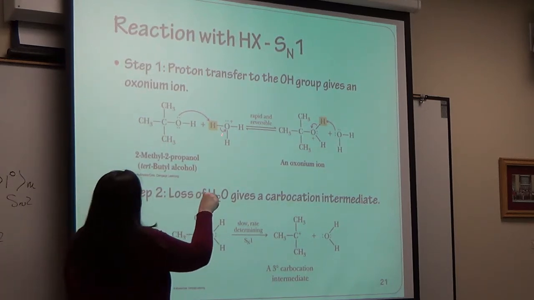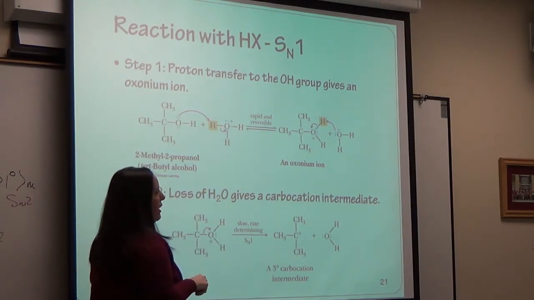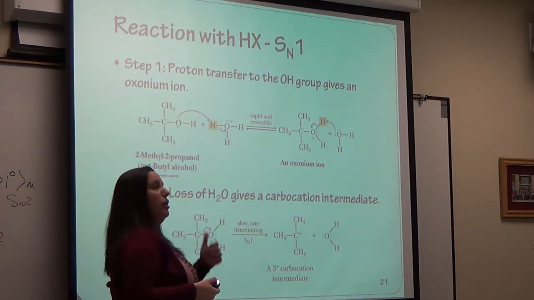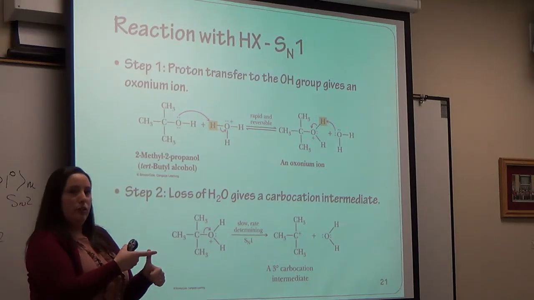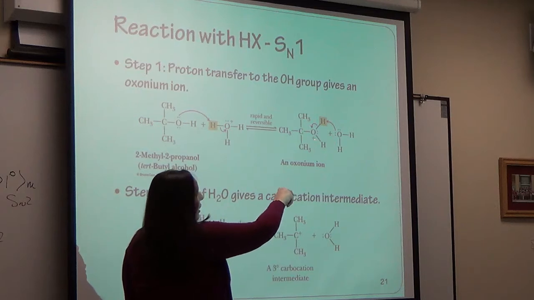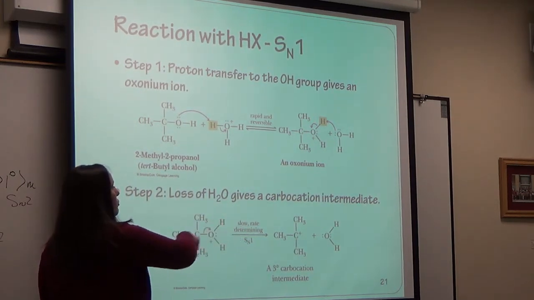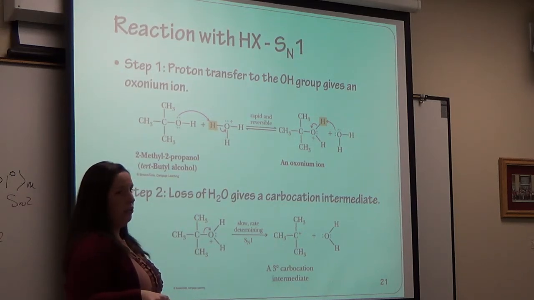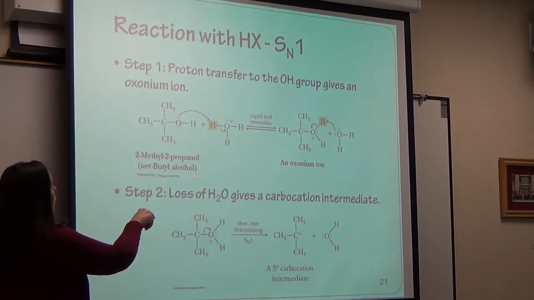There's a transfer, and this is what kind of reaction? Proton transfer. This is acid-base. So the SN1 mechanism is actually two reactions. It's acid-base first to form the oxonium ion, which gives you water as a leaving group. So the leaving group of an alcohol is not OH, it's H2O, water. You have to do this step first every time.